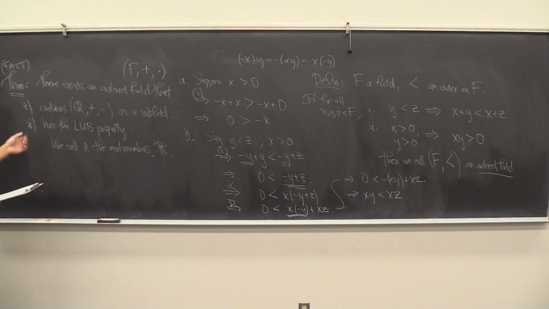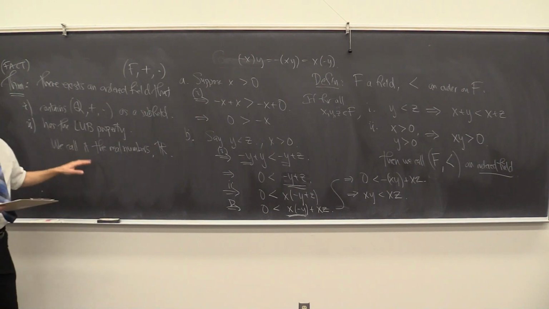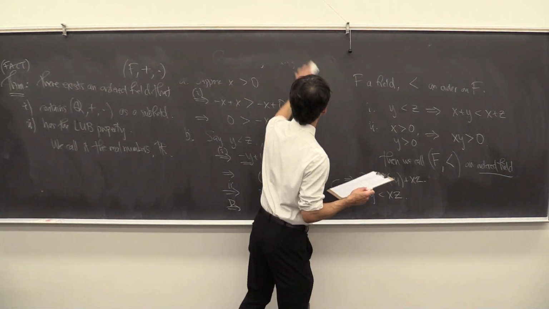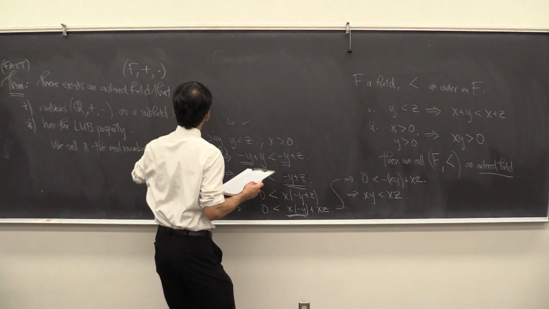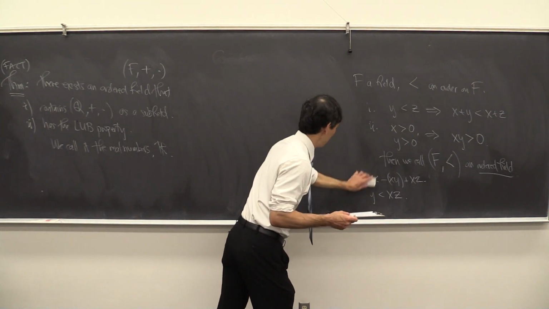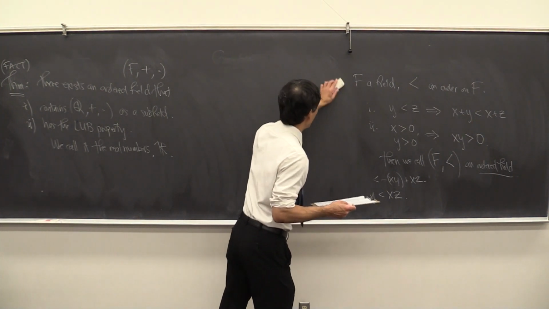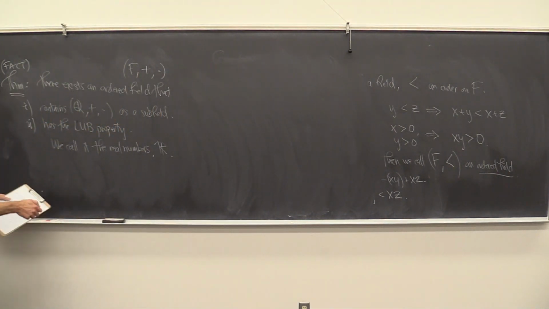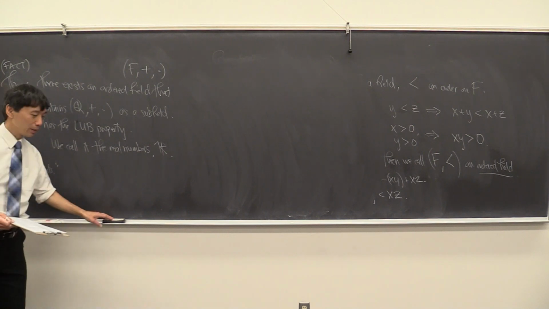There is an ordered field that contains the rationals as a subfield and has the least upper bound property, and we call that thing the real numbers. I think the proof in the appendix uses Dedekind cuts, but I haven't looked at it in a long time, so I don't know.